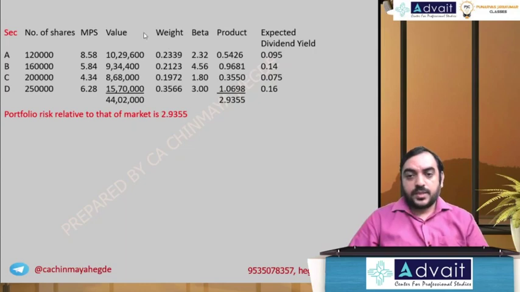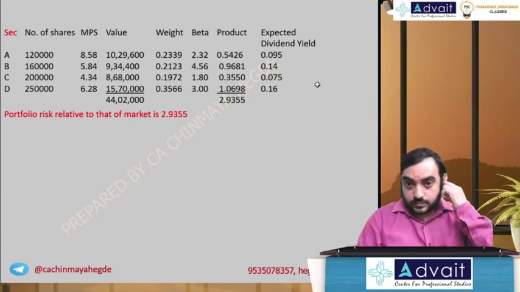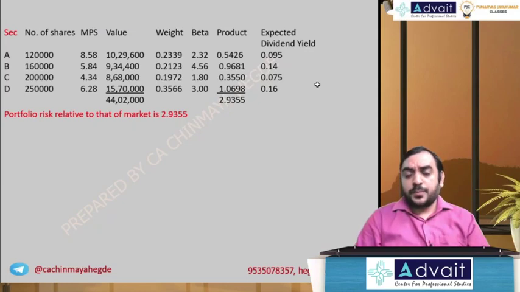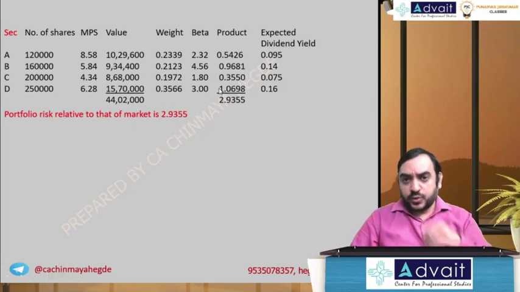Once again, I'll just multiply it by hundred. The CAPM method we are yet to apply; we will apply it. First, I'm calculating the portfolio return. Returns they have given, weights we have, I'm doing a weighted average. The CAPM method will also tell you how to do it. First, let's just calculate these numbers.